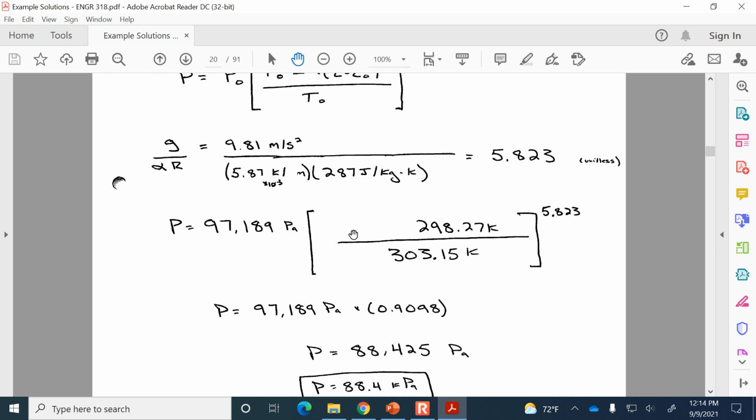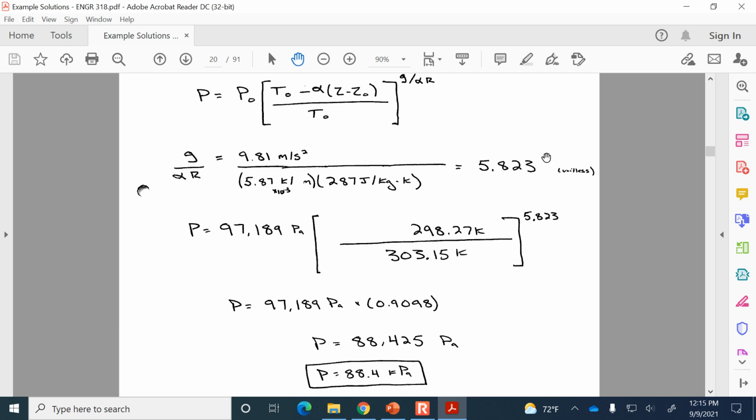I've just calculated the entirety of this exponent. If we have g and alpha and R, it's 5.823. It's unitless. All of the units cancel out. That's why R has the units that it does.